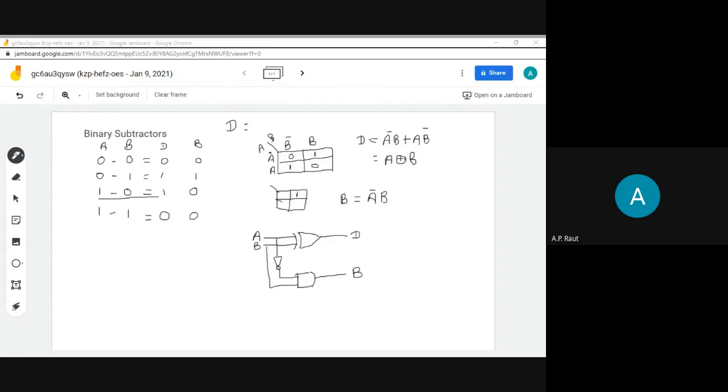Write down in bracket what the two outputs are: difference and borrow. Write down in bracket difference and borrow. Bracket complete. Write down in next line.